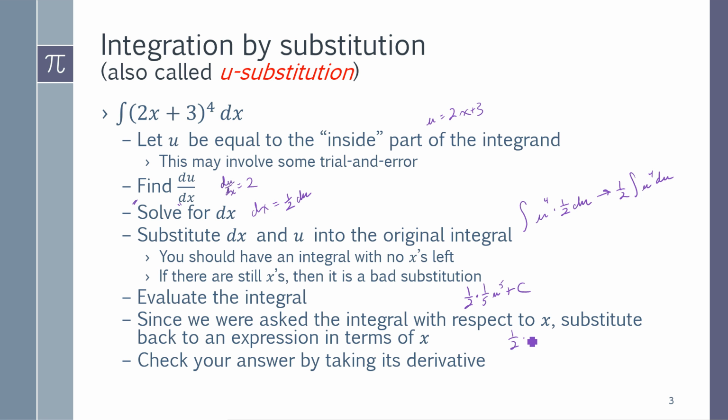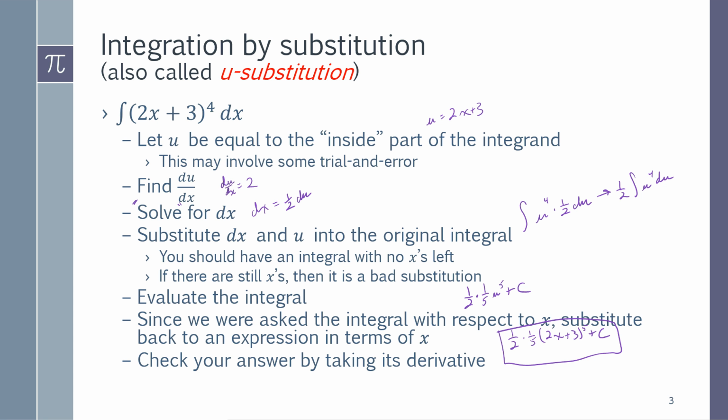So 1/2 times 1/5, (2x plus 3) to the fifth plus c. And now if I check this, the 5 comes down, cancels the 1/5. I have (2x plus 3) to the 4th. But then I have a 2 from the chain rule, which cancels the 1/2. And that works. So this is my antiderivative.